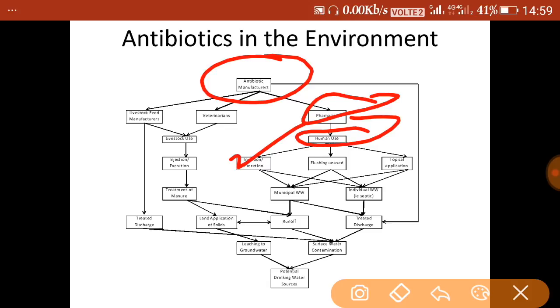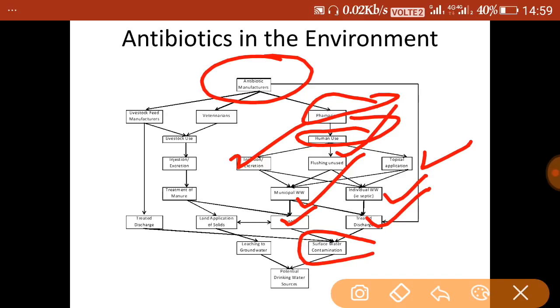The antibiotics in the environment, where do they come from and how do they move from one place to another? At the top of a hierarchy, there are antibiotic manufacturers, from where antibiotics move to pharmacies, then human use, then ingestion and excretions, and flushing of unused, topical applications, municipal waste or runoff, then septic tank, treated discharge also.